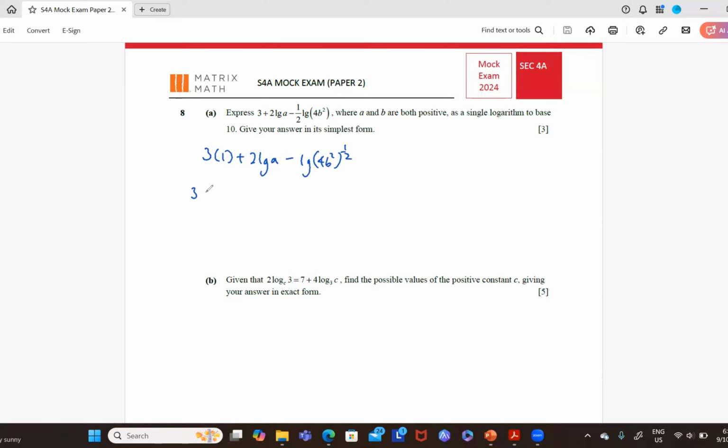So 1 can be written as log 10. This can be written as log A squared. This can be written as log 2B. So this is now log 1000 plus log A squared minus log 2B. Now, this multiplied with this, divided by 2B. So it's log bracket 1000 A squared over 2B.